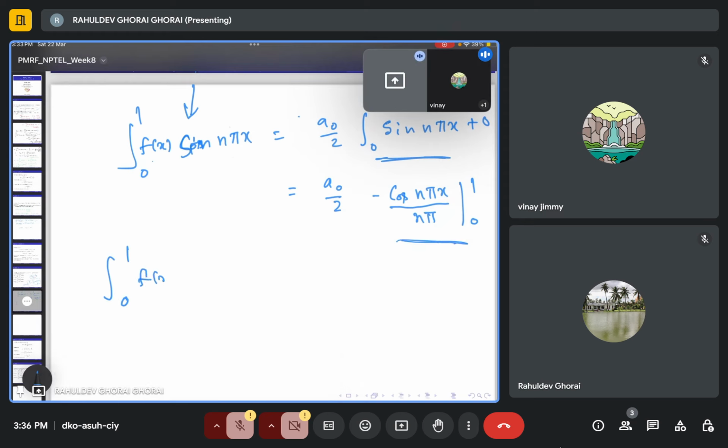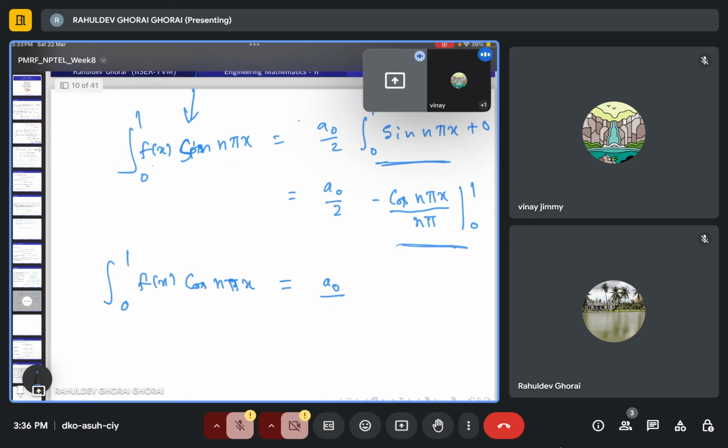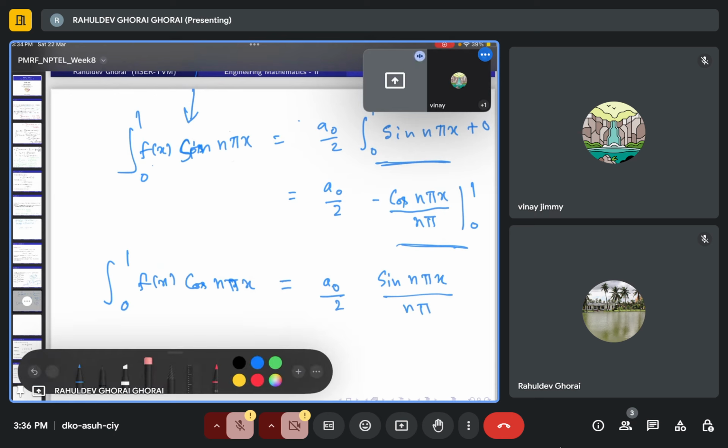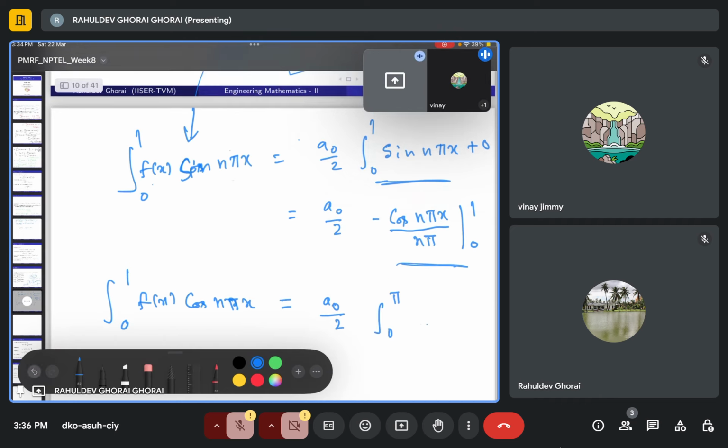Mainly we have to find out the integration. So we have to multiply by cos n pi x. That is true. Then cos n pi x equal to a naught over 2, and the integration value will be sin n pi x over n pi, right? Yes, but before doing the integration, I'll write it as 0 to 1 cos n pi x dx, right?